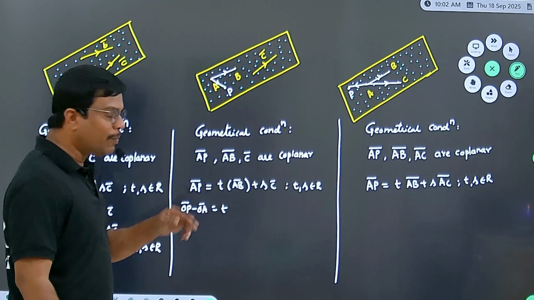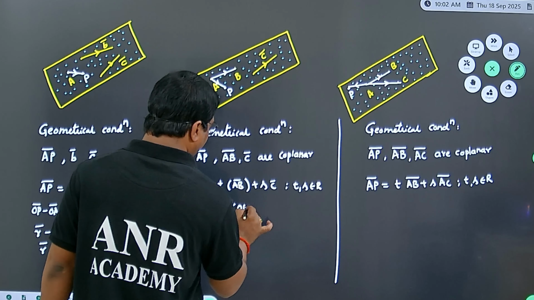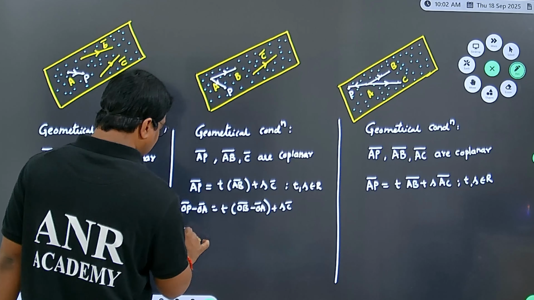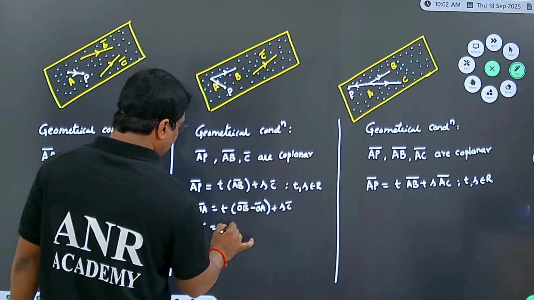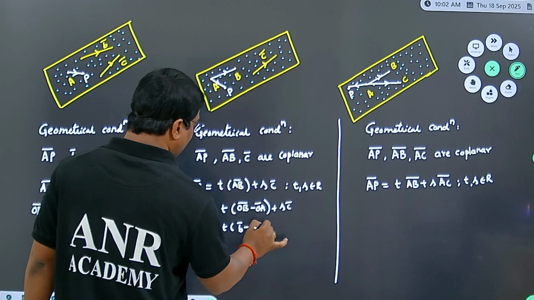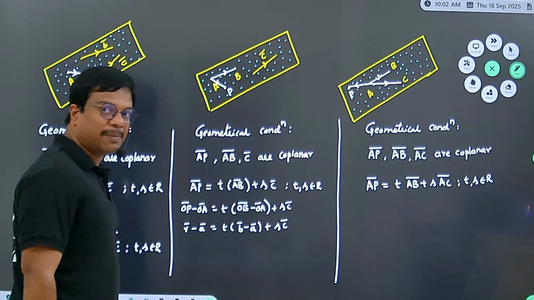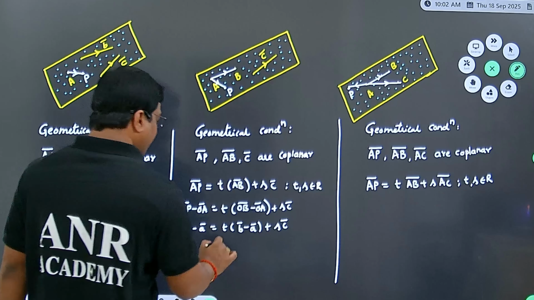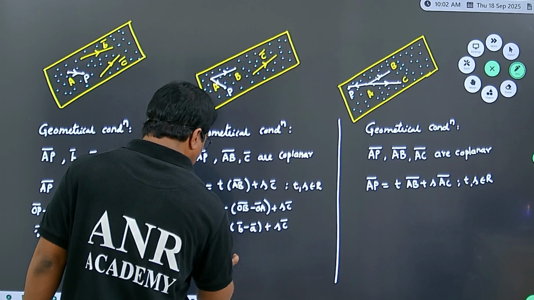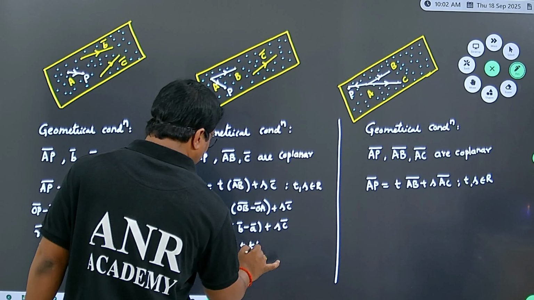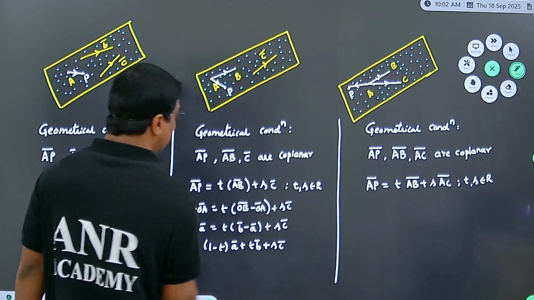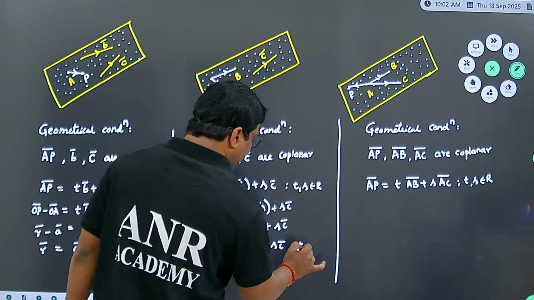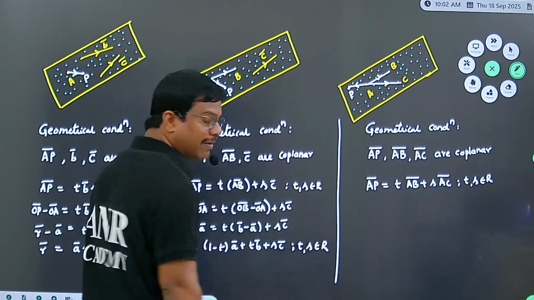AB vector is written as OB minus OA. Now this is R minus A and it is B minus A multiplied by t, C multiplied by s. Now R vector is written as 1 minus t into A bar plus tB bar plus sC bar. If you simplify this, you will get this result, where t, s, these two are real values.